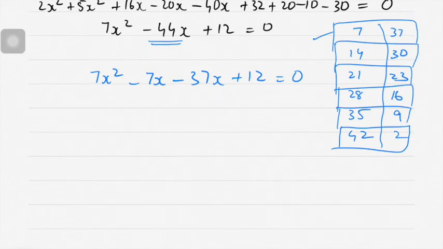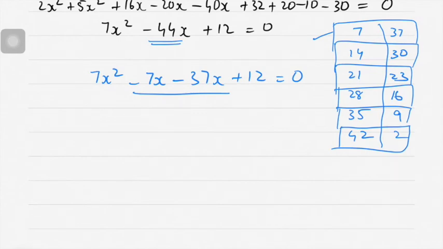So 44 I have broken to 7 and 37. Correct? Okay. So minus 44x can be written as minus 7x and minus 37x. Right? I hope you are able to understand what I am trying to show you all.